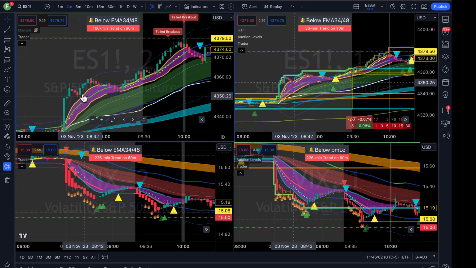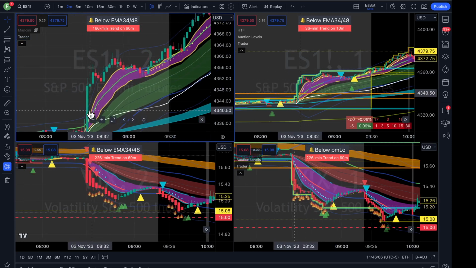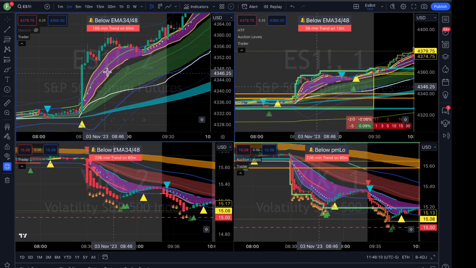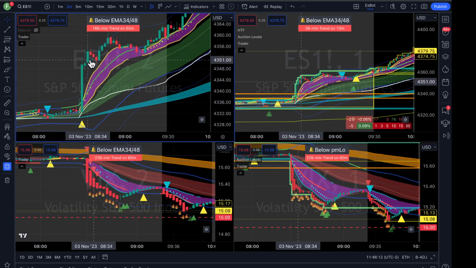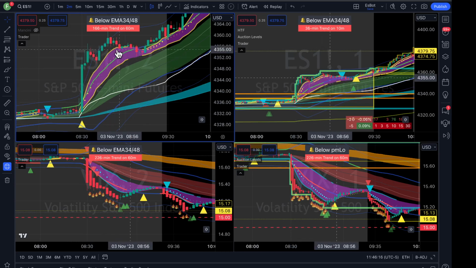But in terms of where I get in and out, it really becomes a technical trade. When I bounce off the 48, I'm in it. If I stay above the danger zone with the yellow outline, I'm going to stay with my trade until it touches it, and then I could say, okay, I'm going to lock in most of my profits, or some of it.